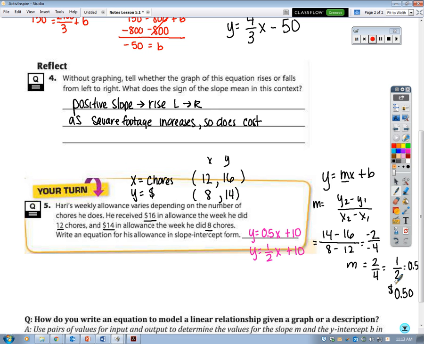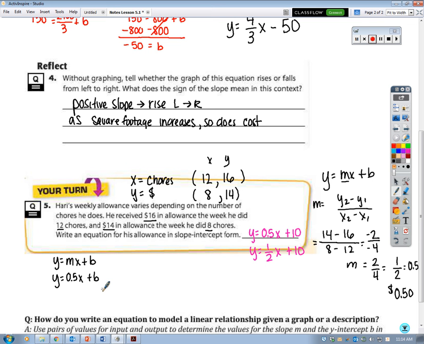So we need to determine what his initial value is here. Is he getting just a base allowance and then he gets extra for the chores he does? Let's find out. So we've got to do what we did in the previous one, where we plug in our x and y values. So we've got y equals mx plus b, and we have a slope of 0.5, and we're trying to solve for b.